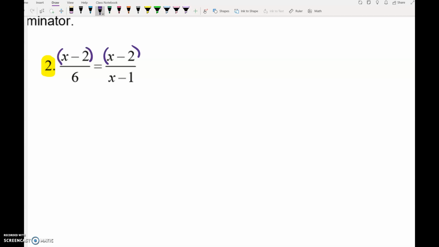You should put parentheses around any numerator or denominator that has addition or subtraction in it. So when we cross multiply, I've got x minus 2 times x minus 1 equals 6 times the quantity x minus 2.